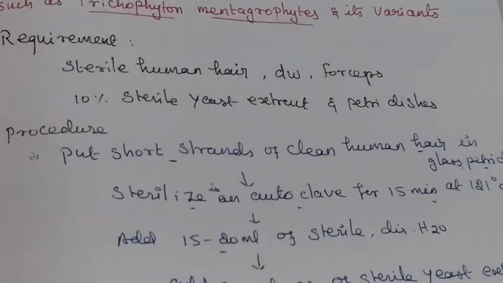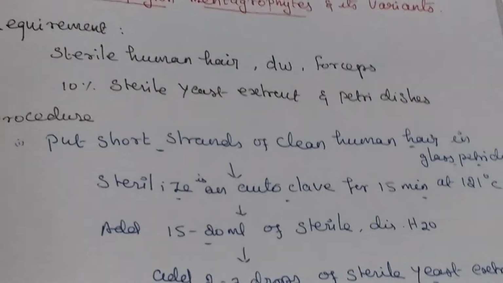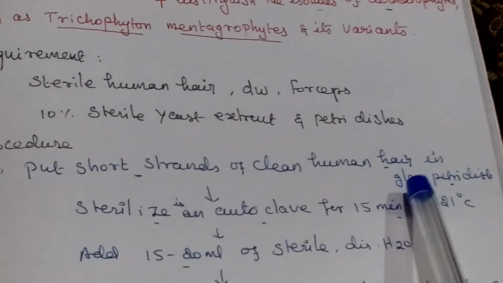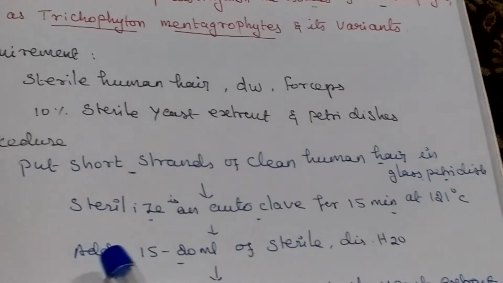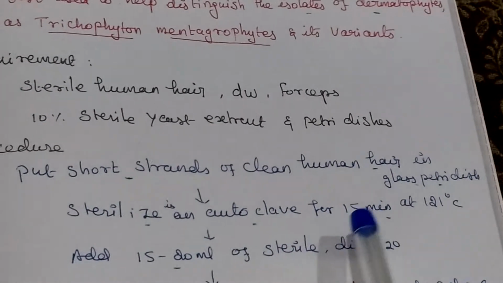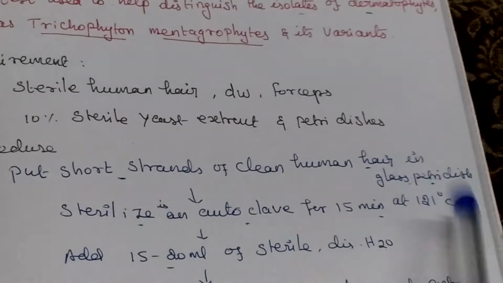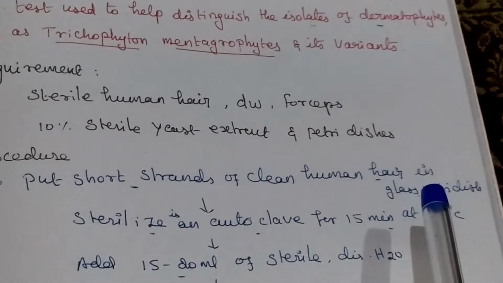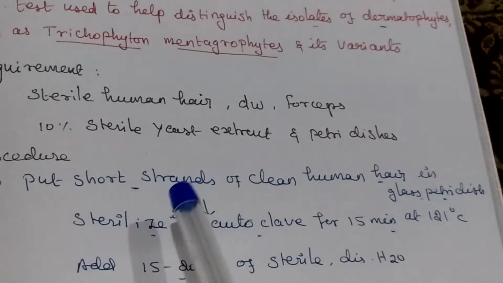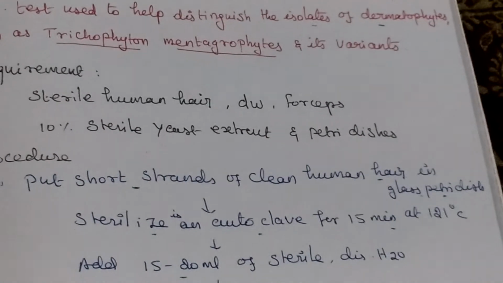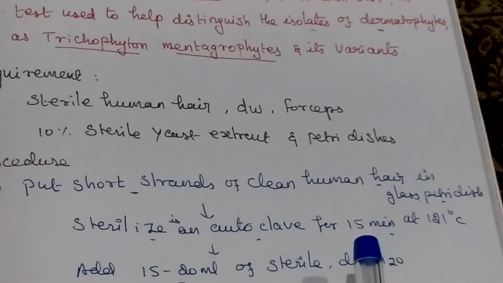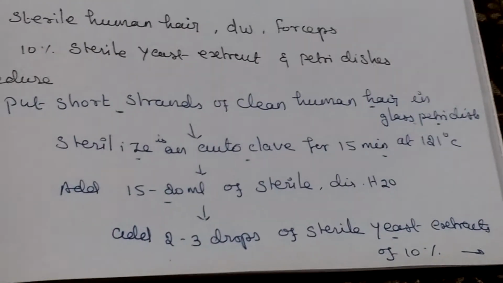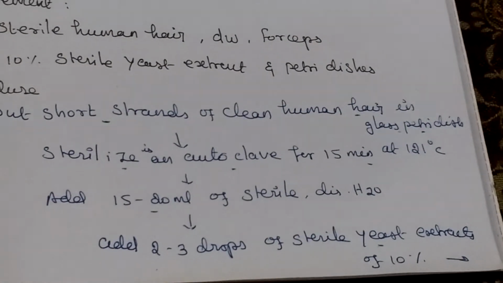Then we do this methodology. Put short strands of clean human hair in a clean glass petri dish. Sterilize in an autoclave for 15 minutes at 121 degrees Celsius. Then add 15 to 20 ml of sterile distilled water.